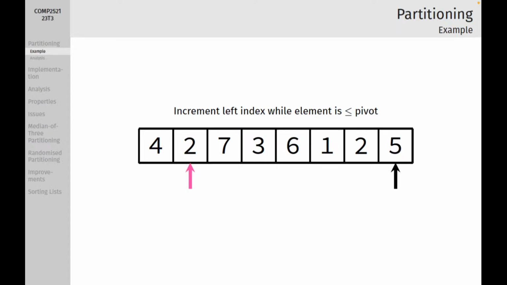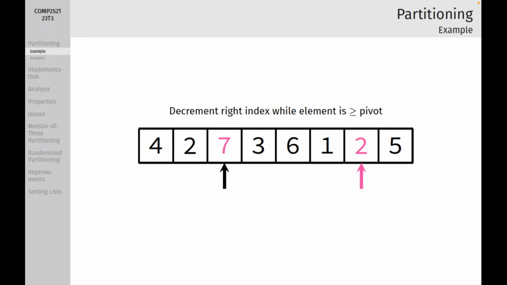So we start at 2, 2 is less than the pivot, so we increment it, and 7 is not less than the pivot. So we stop incrementing the left index, and we move over to the right index, and now we decrement this index while the element is greater than the pivot. So 5 is greater than the pivot, so we decrement, but 2 is not greater than the pivot.